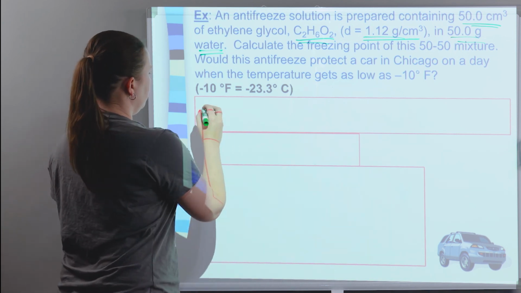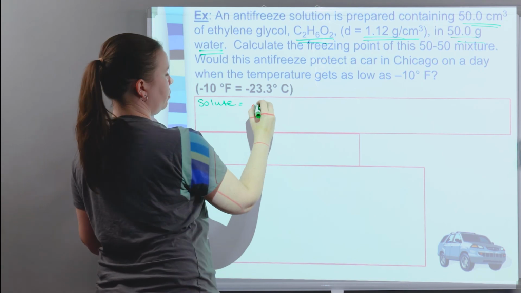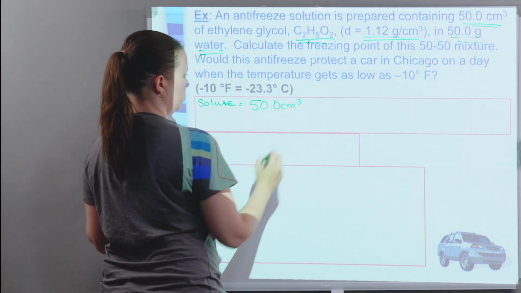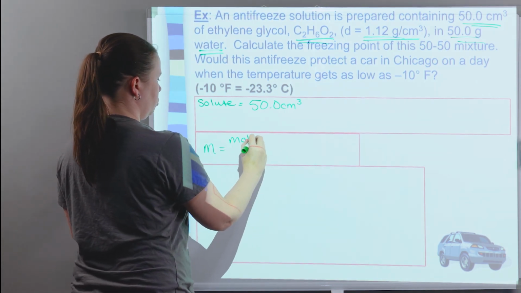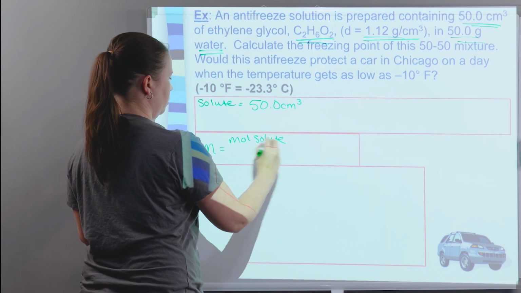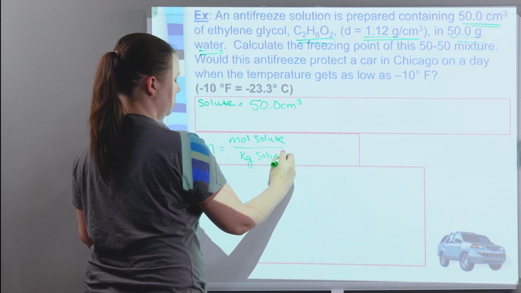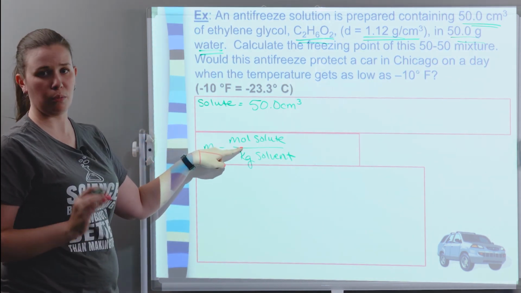So let's start with what we know about the solute. The solute is 50.0 centimeters cubed. Eventually I want to use my molality equation, which was moles of solute per kilogram of solvent. So the solute needs to get turned into moles.